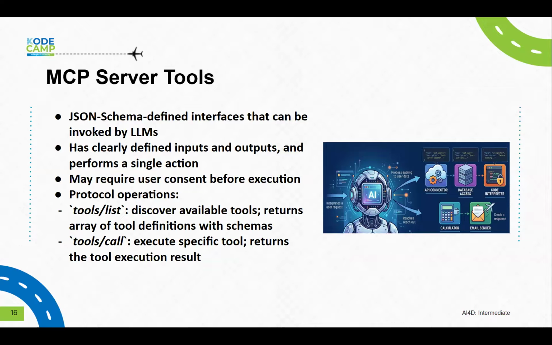The only difference is that MCP server tools are defined as JSON schemas. So they are interfaces that LLMs can invoke. And the schema clearly defines the inputs and outputs, and the tool performs a single action.